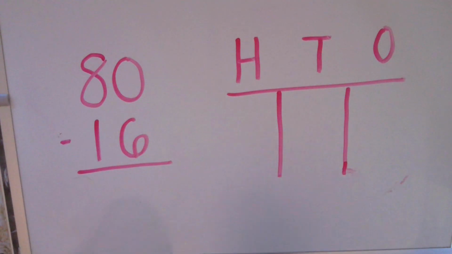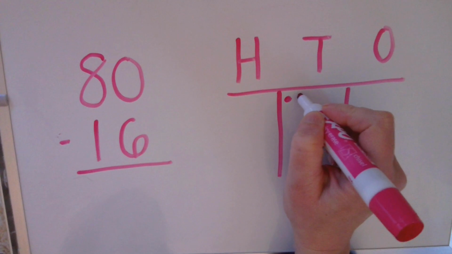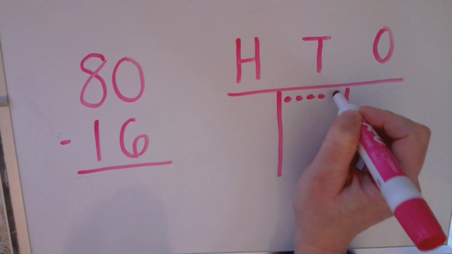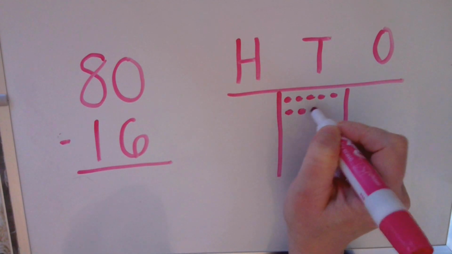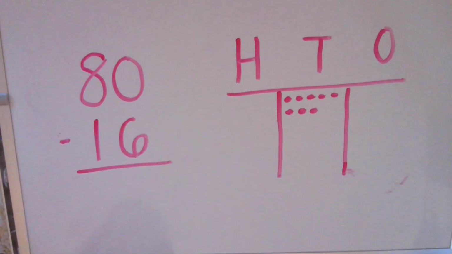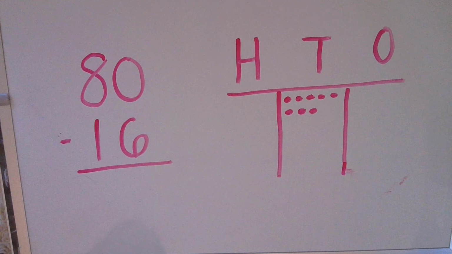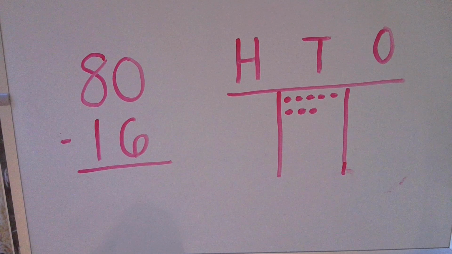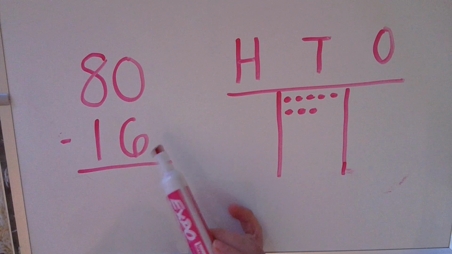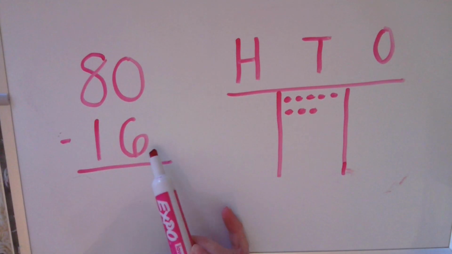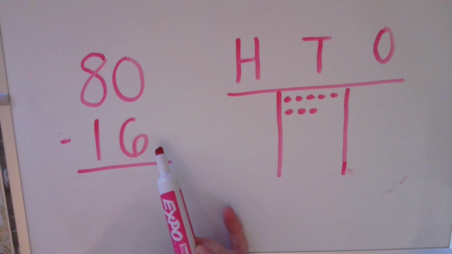So we have 8 tens, 1, 2, 3, 4, 5, 6, 7, 8. We have 0 ones, so we're not going to draw anything in our ones place value. And then we'll ask, well, how many do we need to take away? 6.